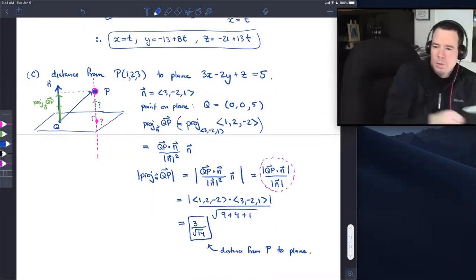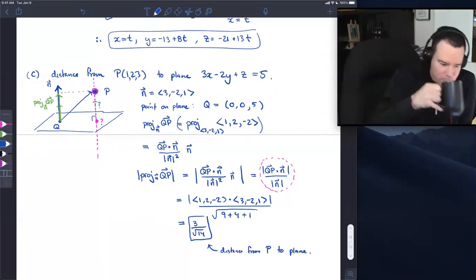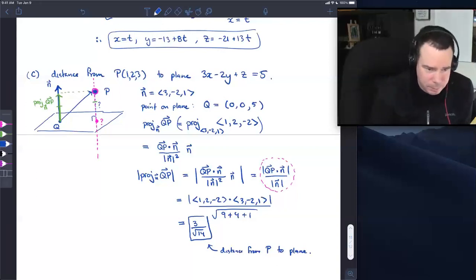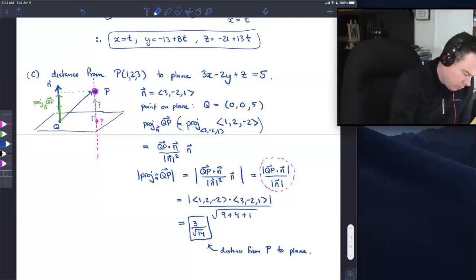Okay, so the idea here, as I said, was we don't have to search for that point directly under P. What we do is a projection of the vector onto the normal vector and compute its length. Yeah, so that's a good question. Vector projection versus scalar projection.